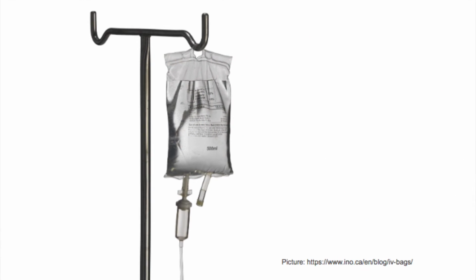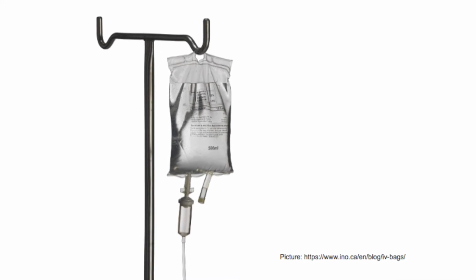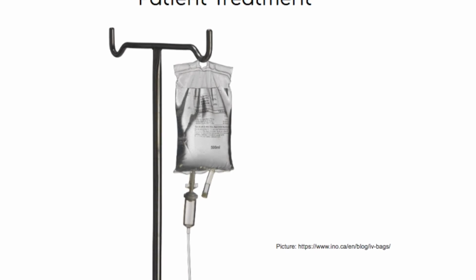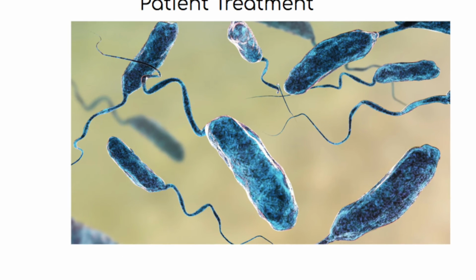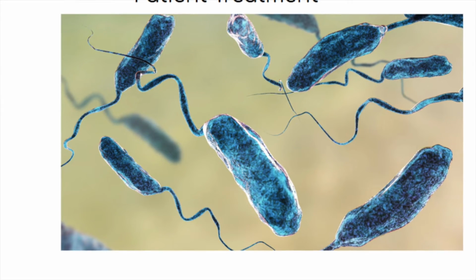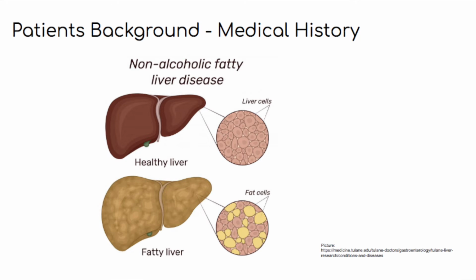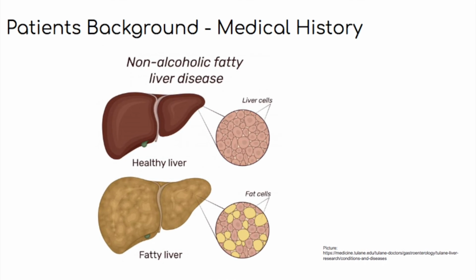We will now be going into the treatment that we provided for our patient. As said before, the patient was given an IV to restore their water loss. Treatment is not necessary for most cases of vibriosis, but because he has prior health issues, it was needed.